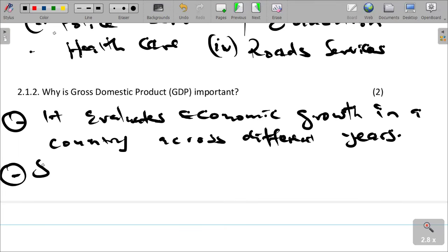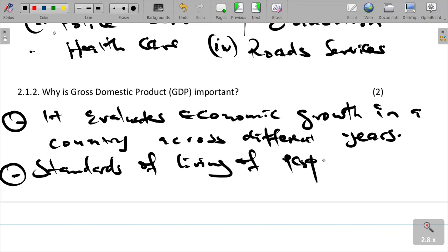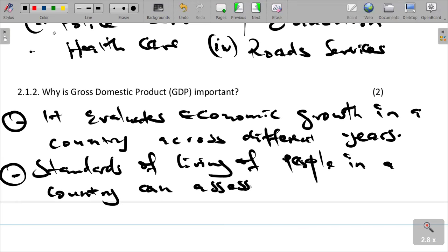Standards of living of people in a country can be assessed. The living standards of people in a country can be assessed.